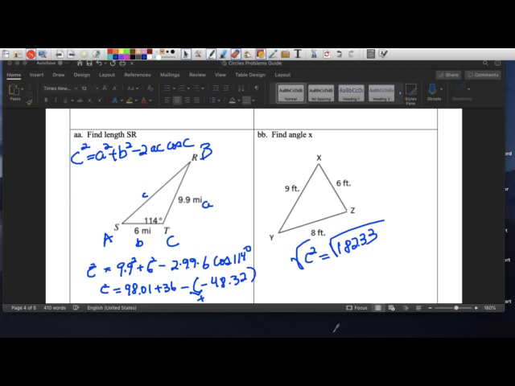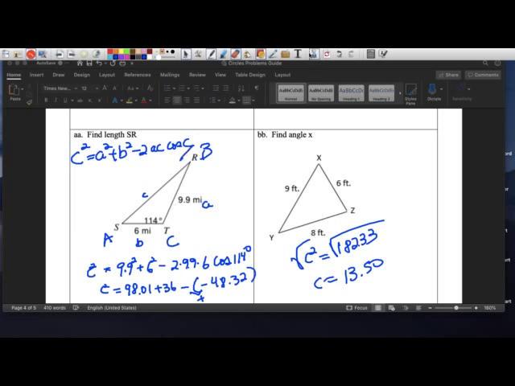The square root of 182.33 equals 13.50, so our mystery side c equals 13.50. The big problem in this question would be knowing that your answer here was a negative, so a negative and a negative will eventually become positive. So just be careful with that.